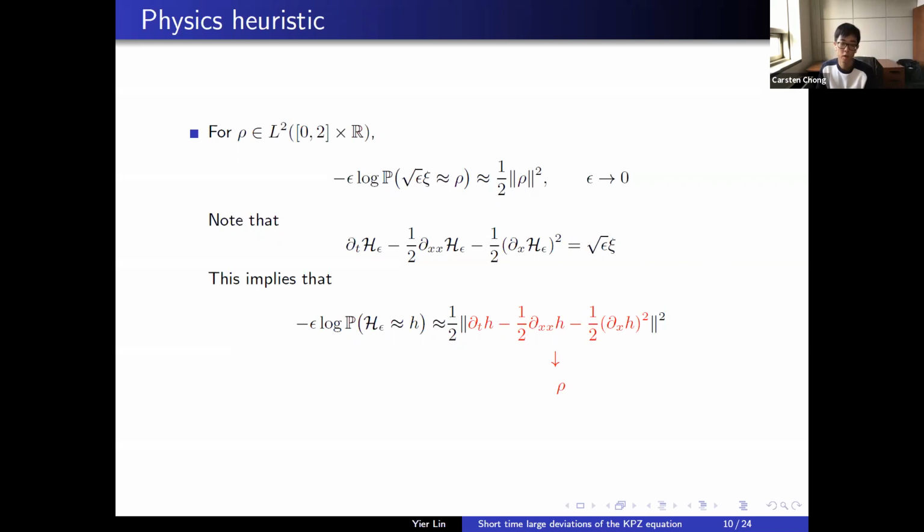I have one more question. Sure. Can you also get some sort of a law of the iterated logarithm? Actually, like you mean for the KPZ equation? Yeah, so around 0. Presumably you have the large deviation. Okay, actually, I think the law of the iterated logarithm is more related to the moderate deviation, right?